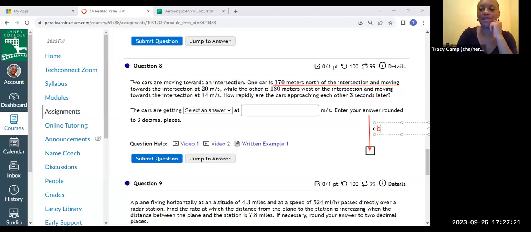So let's just call this B, okay? And by the way, I'm not paying attention to these numbers just yet. I'm just naming my variables, my values that are changing.